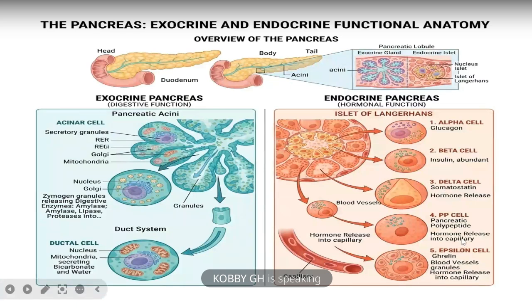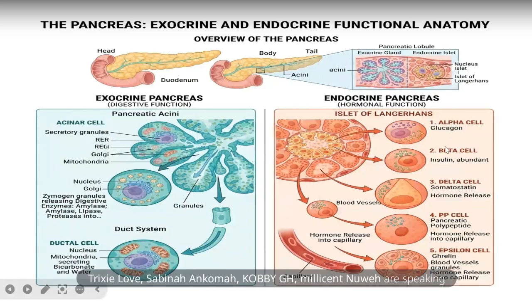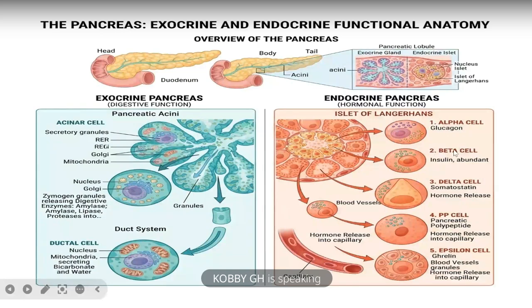So in the endocrine pancreas, we have 5 cells inside. What hormone is produced by the alpha cells? Glucagon. By the beta cells? Insulin. By the delta cells? Somatostatin.